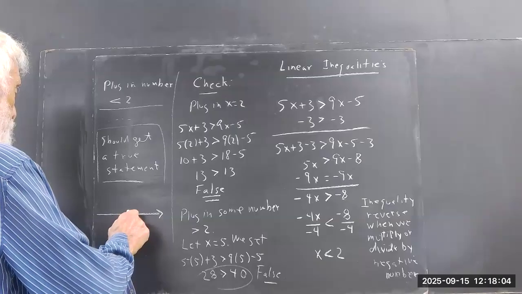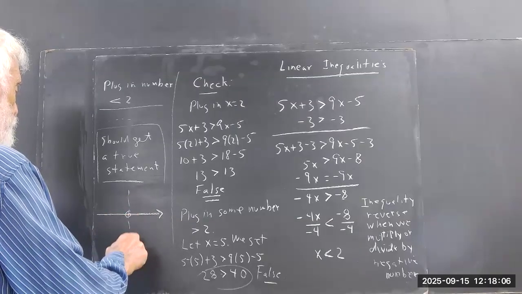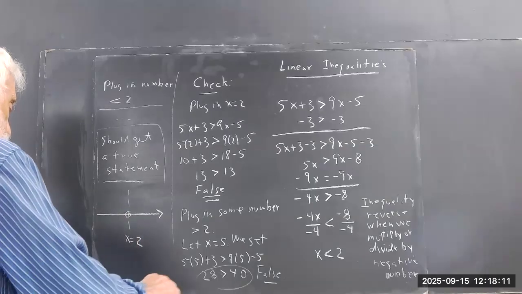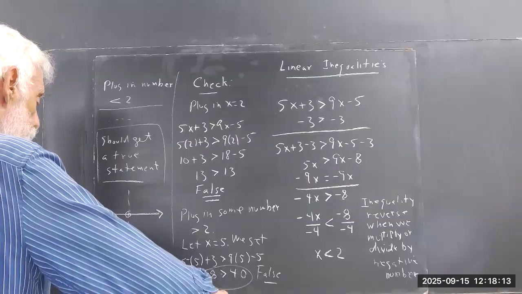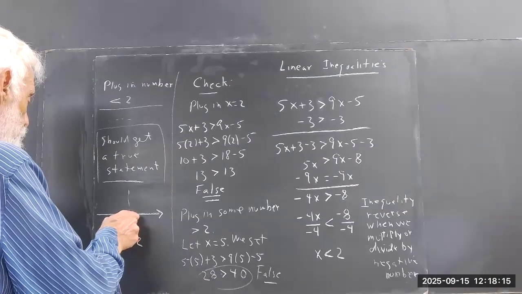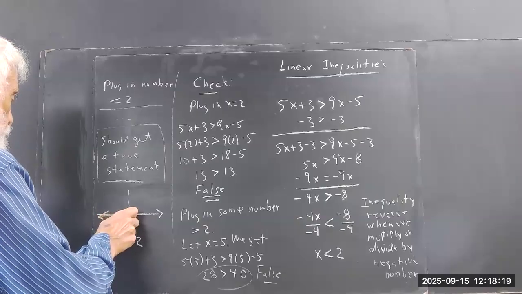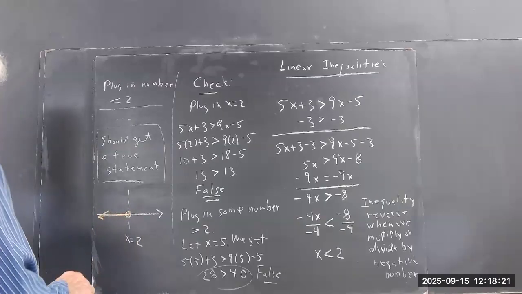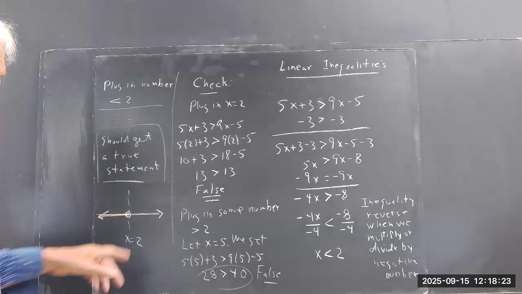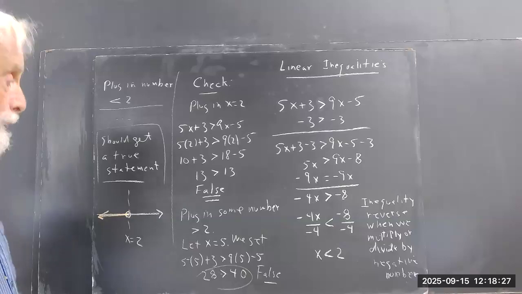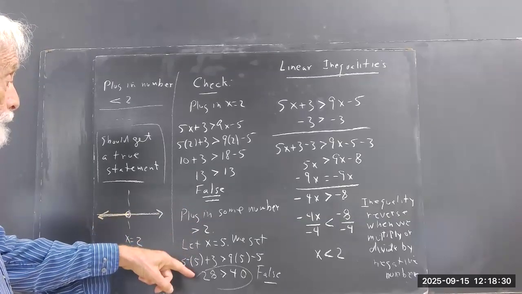Okay. Here's x equals 2. And here's your solution set, all numbers to the left of 2, not including 2. So all the numbers over here are going to make this thing false.